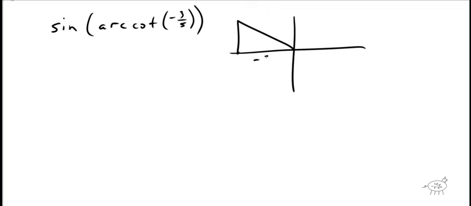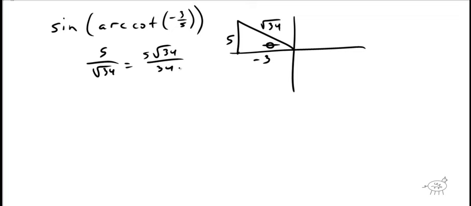So it's going to be negative 3 and 5. And then using the Pythagorean theorem, root 34. So this is my theta, and then I say, well, what's sine of that angle? Sine again is y over r, so it's 5 over root 34, which is 5 root 34 over 34.